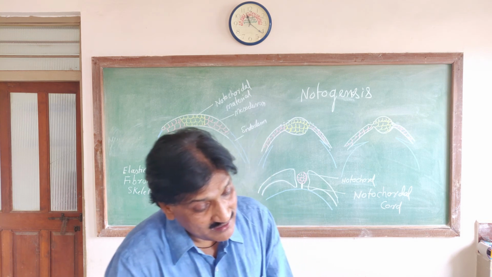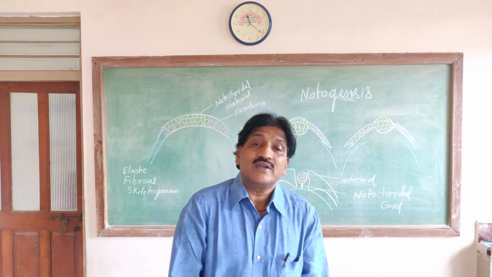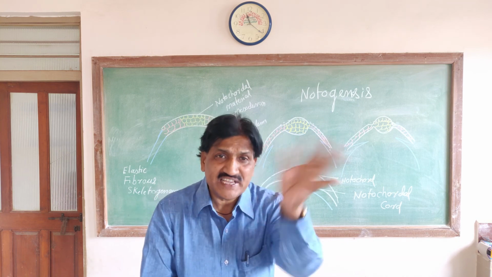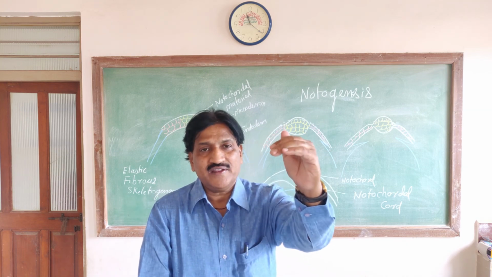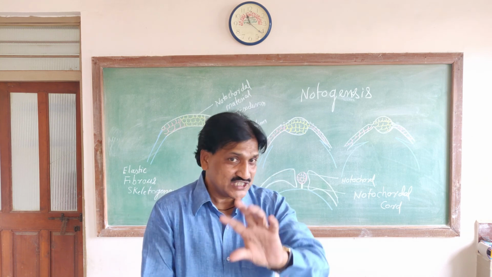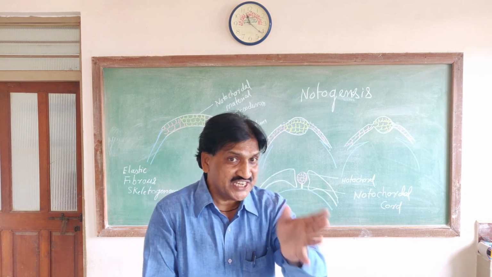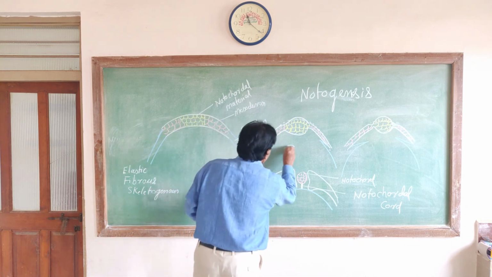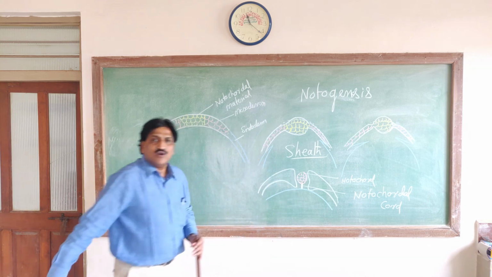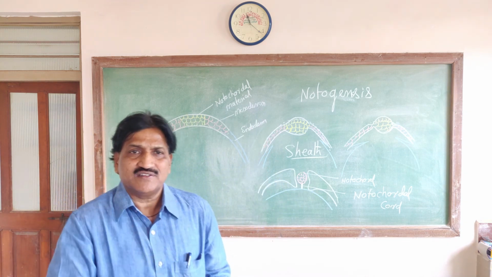Now here, the notochord is covered by three sheaths or three layers: outer, middle, and inner. How many sheaths? Three sheaths.